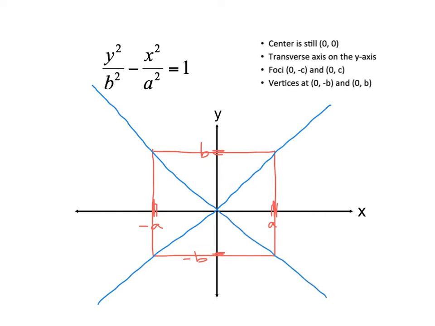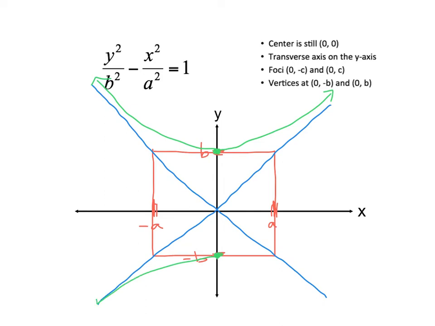Then the only thing that this is going to change is that we know that this one has y-intercepts, not x-intercepts. So if we plugged in x equals 0, for example, we'd be able to solve for y-intercepts or vertices at (0, b) and (0, negative b). This tells us that our hyperbola opens up and down.